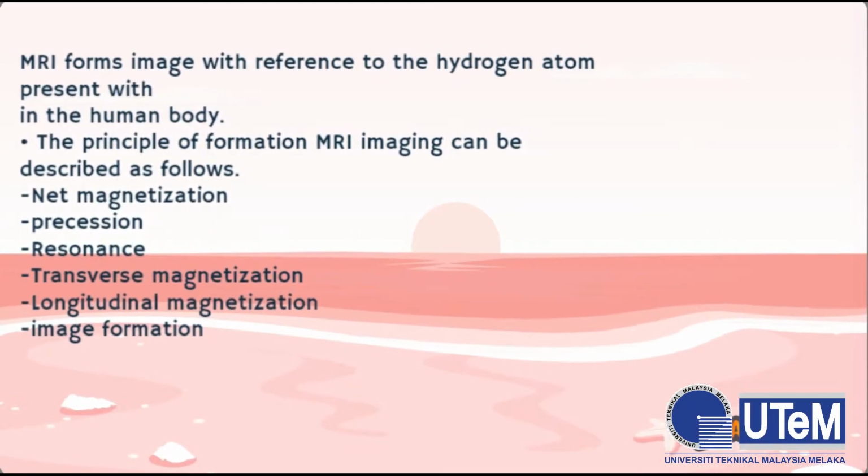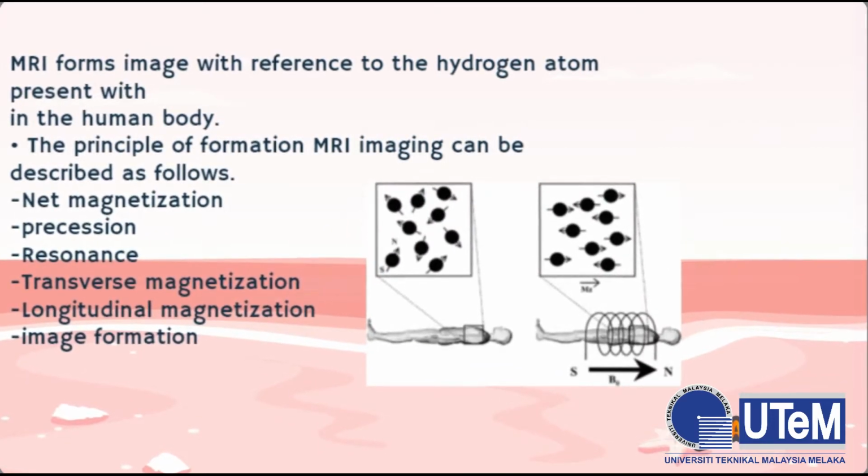MRI forms images with reference to the hydrogen atoms present within the human body. The principle of formation of an MRI image can be described as follows. Firstly, net magnetization, precession, then resonance, transverse magnetization, longitudinal magnetization, and lastly image formation.